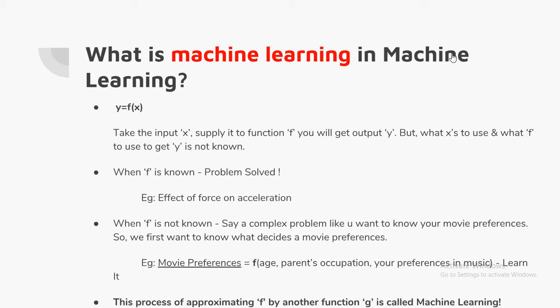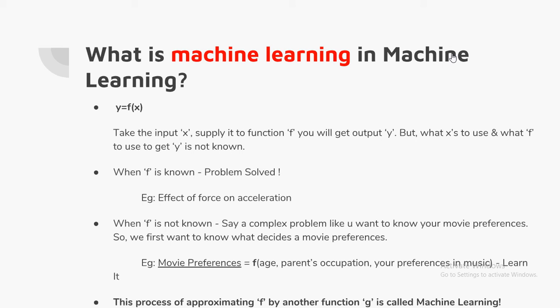Your x can be age, your parents' occupation, your music preferences, and so on. Then we supply these x's to the function f to get the output y, the movie preference.